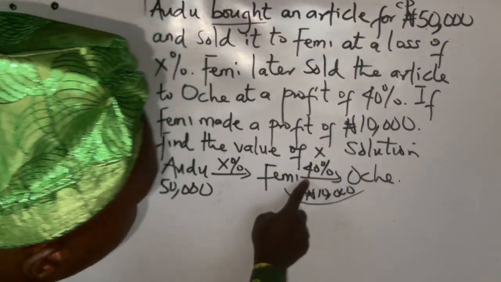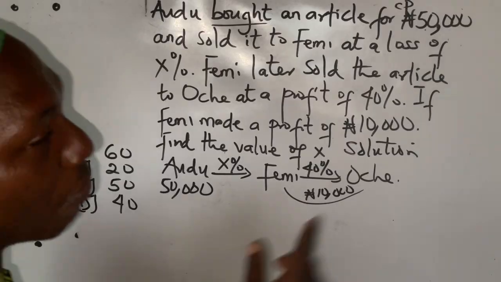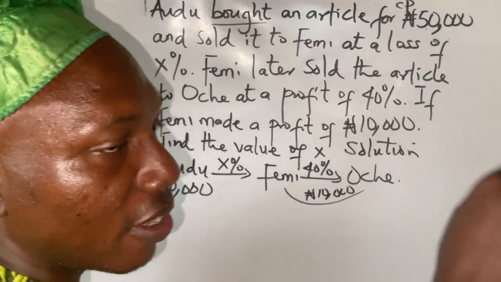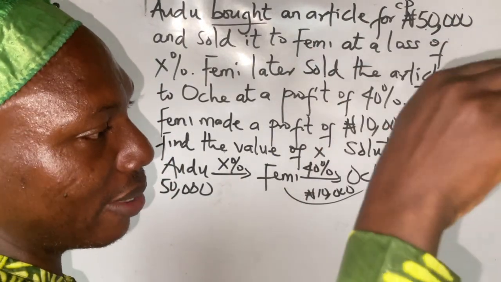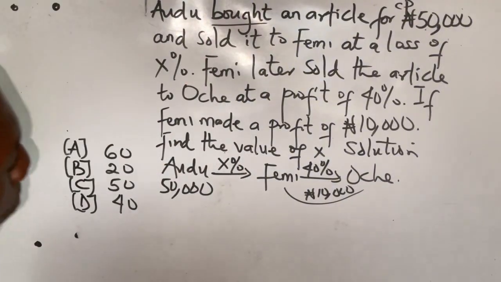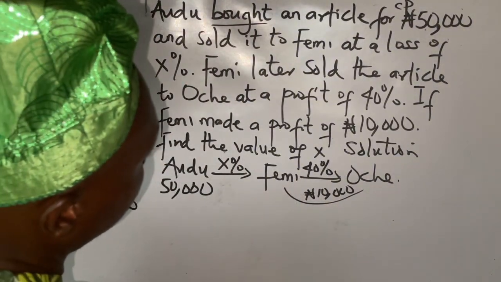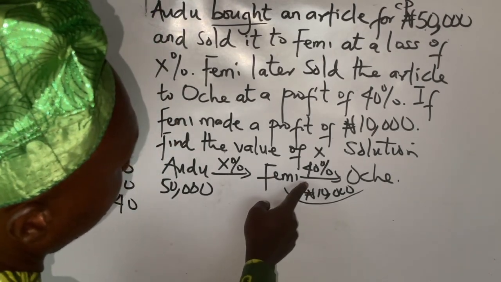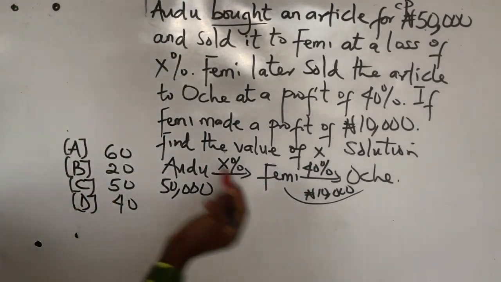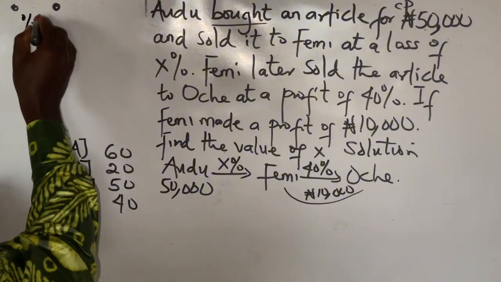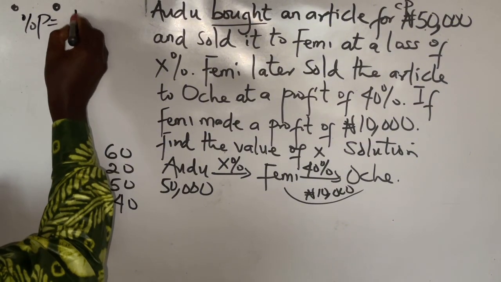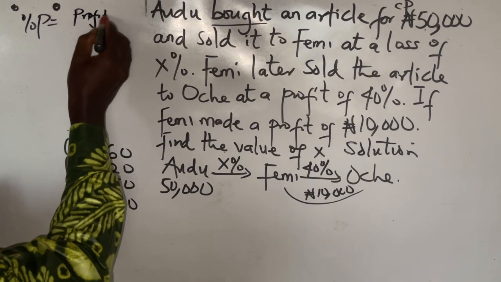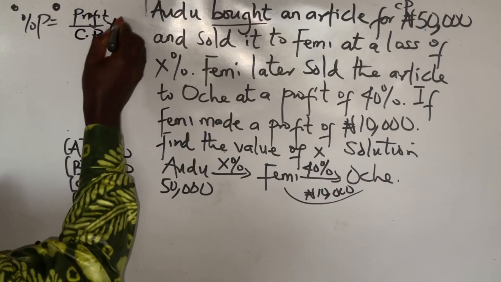So we have 40% as the profit. Don't forget that percentage profit is profit over cost price times 100. So percentage profit is profit over cost price times 100.